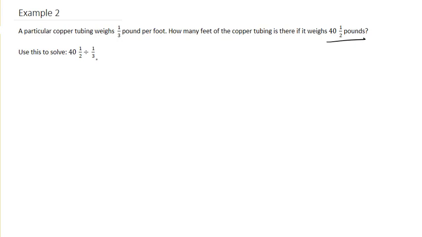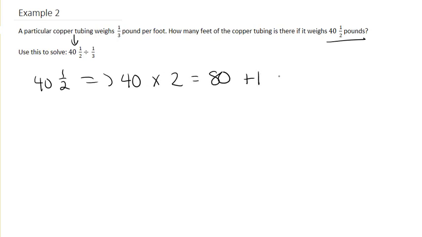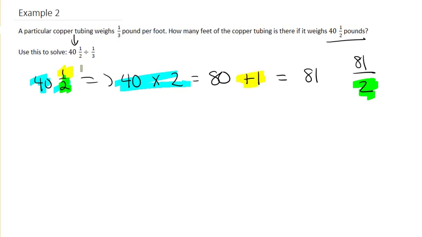So we need to convert this first number into a fraction. 40.5 becomes 40 times 2, which is equal to 80. Then we add 1, so that gets us to 81.